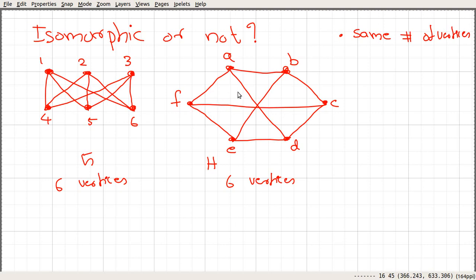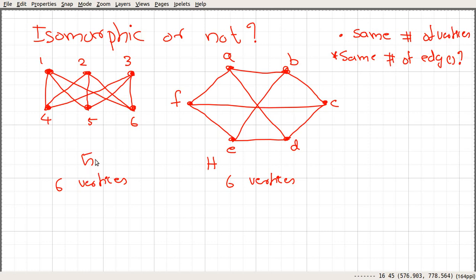Okay, so the second check that we can do is whether both graphs have the same number of edges. So the first check is whether they have the same number of vertices, and since we have to establish if they are isomorphic, we need to exhibit a bijection, so the number of edges must be the same.